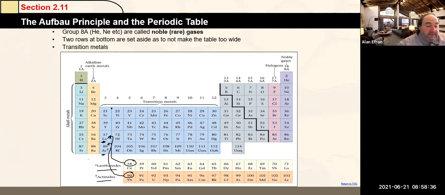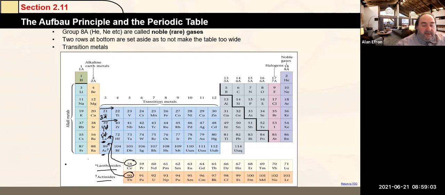That's because the transition metals, as we talked about a second ago, are contained between group 2 and group 3 on the periodic table. This row right here is what is sometimes referred to as the first row transition metals, second row transition metals, and so forth. Remember, the transition metals are where 3D orbitals start, and down 4D, 5D, and so forth.